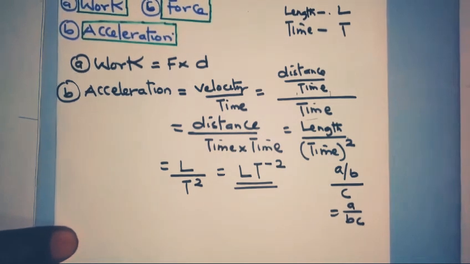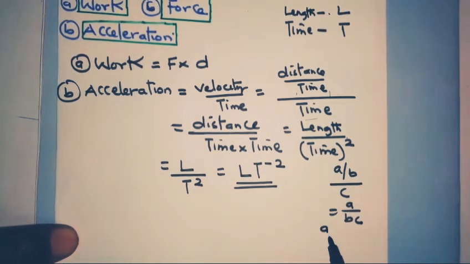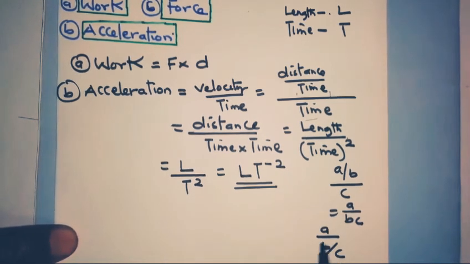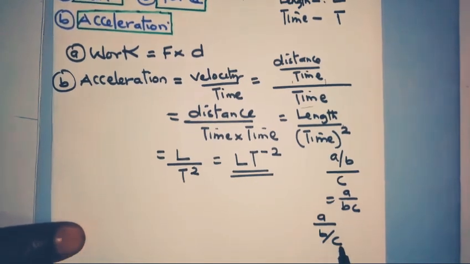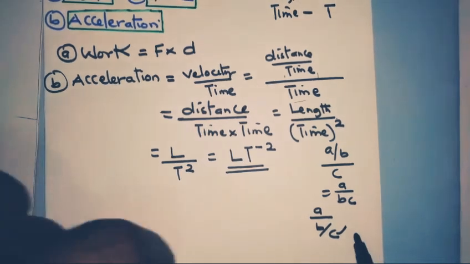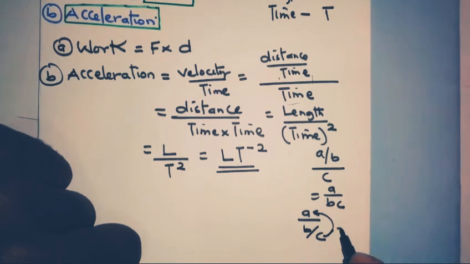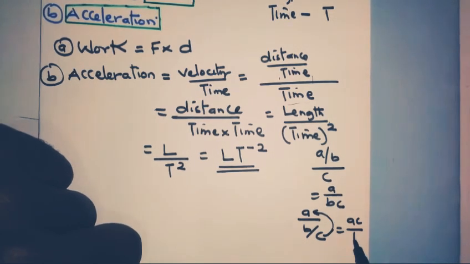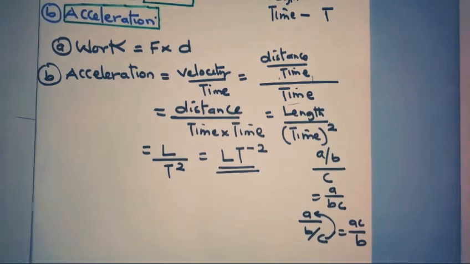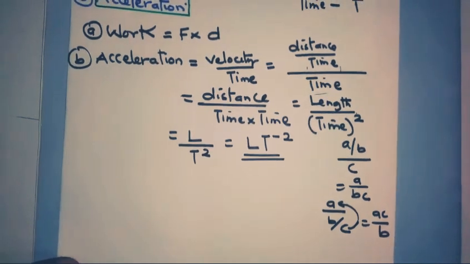But if you have something like A over B over C, then the denominator is the one that's a fraction, so you carry the denominator of the denominator up, and then what you should have is AC over B. So that's the answer for the acceleration.